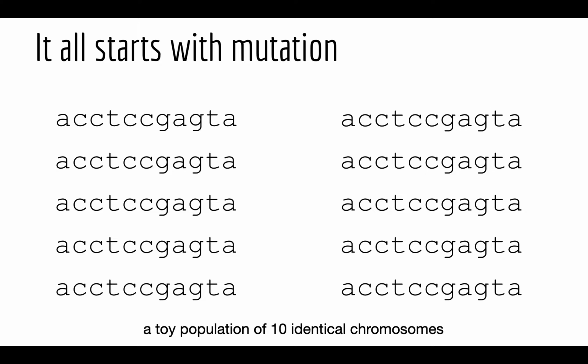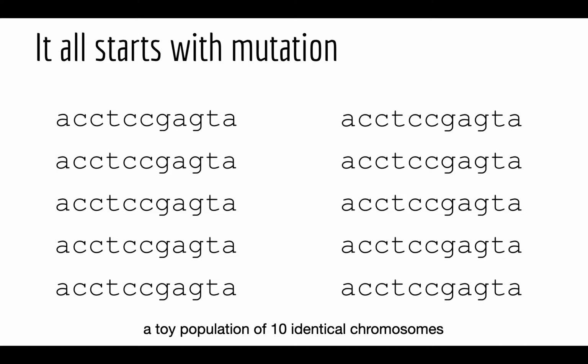So I think this is probably clear, but let's just walk through it. Let's imagine we have a toy population of 10 identical chromosomes. Let's imagine these are snippets of DNA from 10 sperm at the same locus. They're all identical, right? And that makes sense.